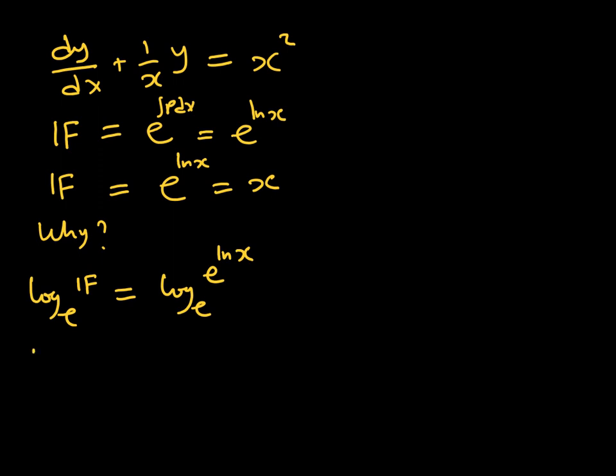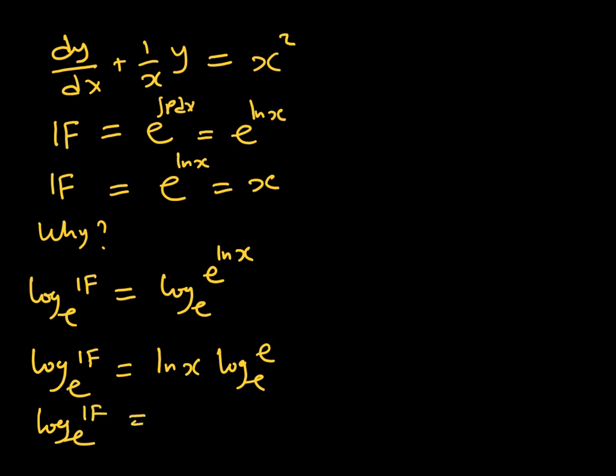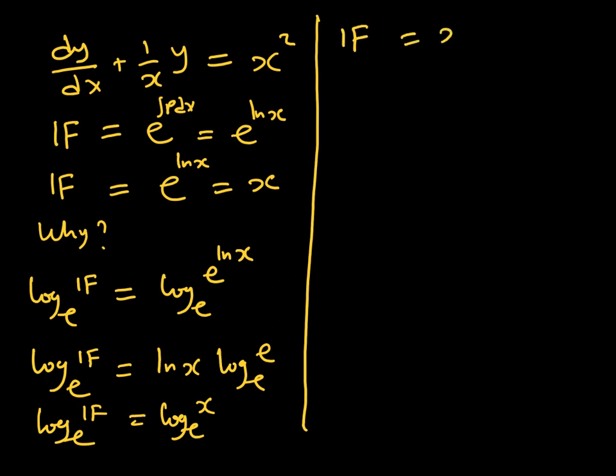Using laws of logarithm, this is natural logarithm of x times log base e of e. But log base e of e is equal to 1, because the power and the base are the same. That is always 1. So log base e of the integrating factor is the same thing as log base e of x. The bases are the same, which means the powers must also be the same. Therefore our integrating factor is simply equal to x.